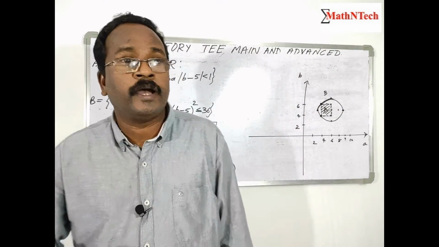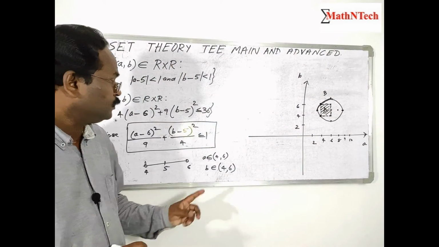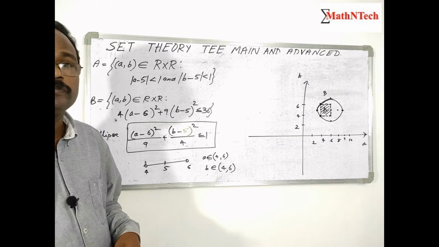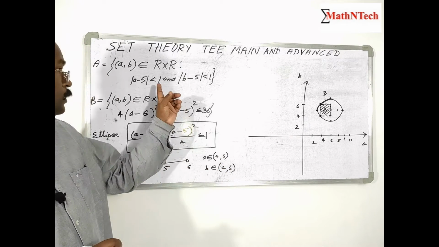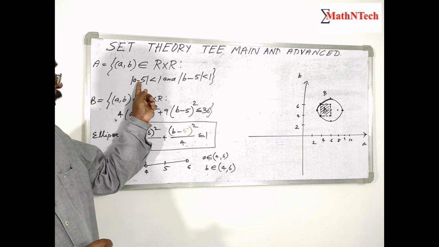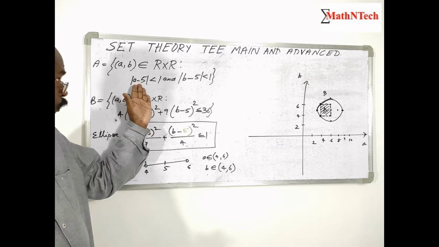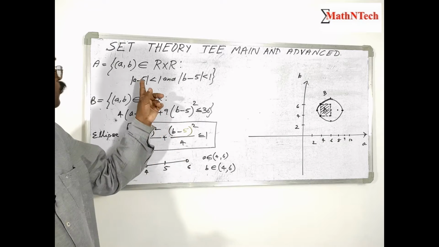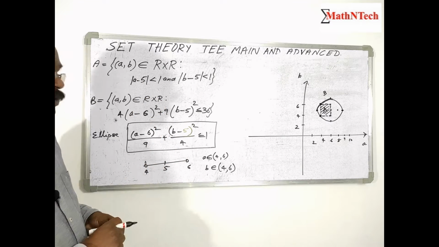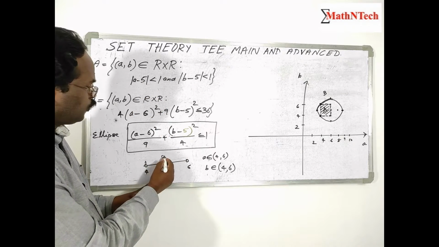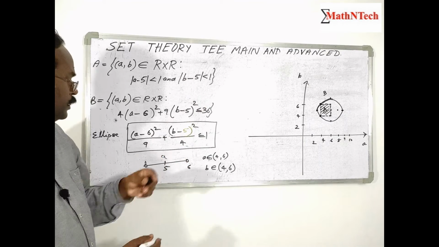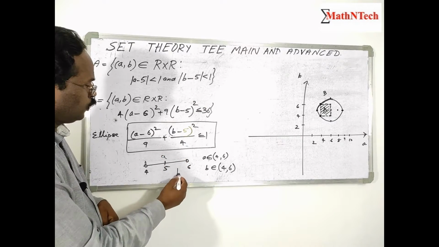So both A and B lie between 4 and 6. Why? Any number whose distance from 5 is less than 1 is between 5 plus 1, 6, and 5 minus 1, 4. So A lies between 4 and 6, and similarly B lies between 4 and 6.